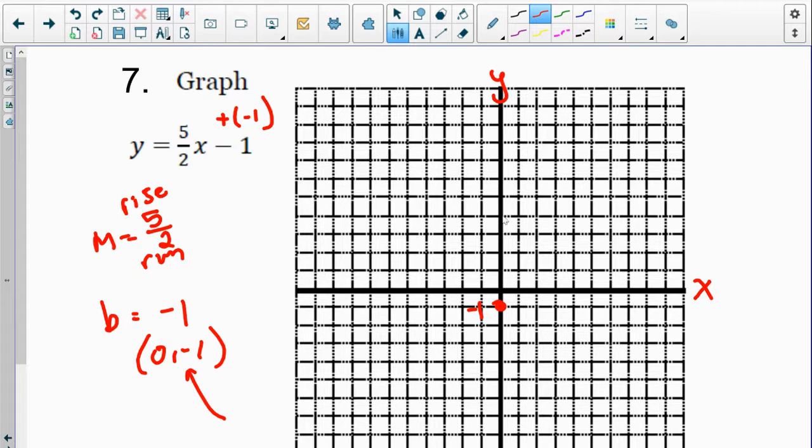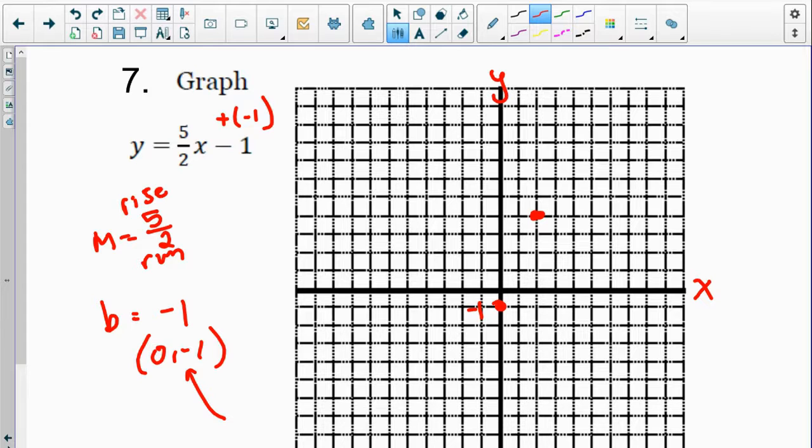Okay, positive rise goes up. So I'm going to go up carefully, 5 spots. So 1, 2, 3, 4, and 5. Takes me to about there, but I don't want to make a point there yet because I also need to run positive 2. When I run, I either go left or right. Left is if it's negative, right is if it's positive. So I'm supposed to run to the right 2 spots, and I want to draw my next point right there. And I did a rise of 5 and a run of 2 to get there.